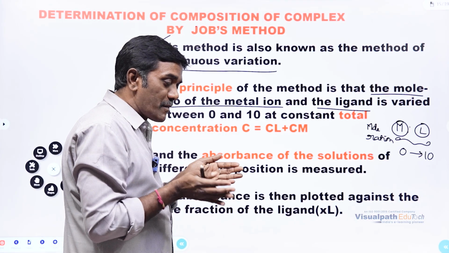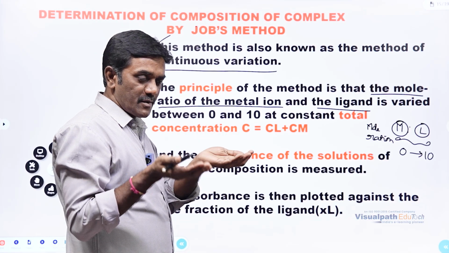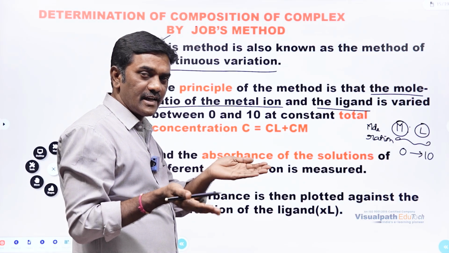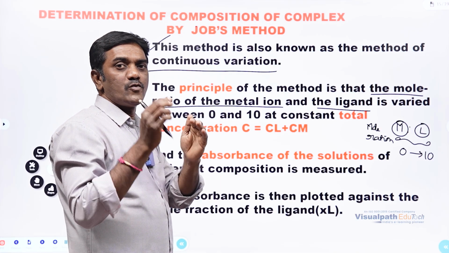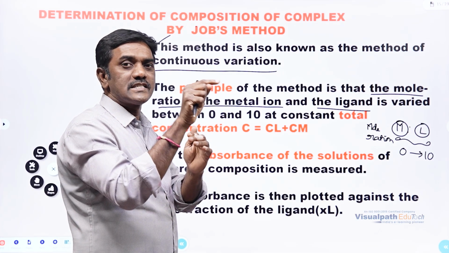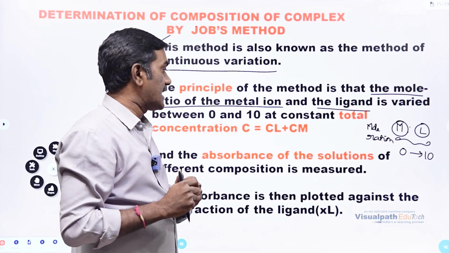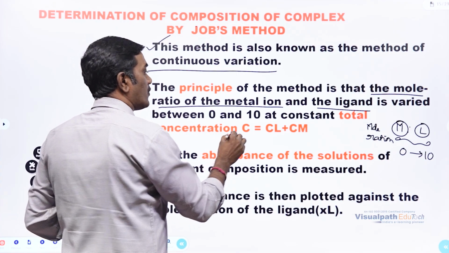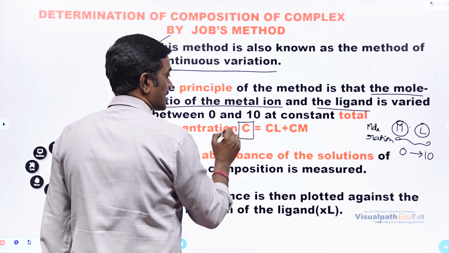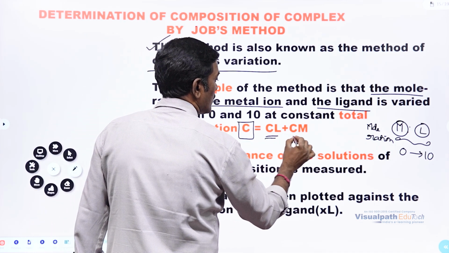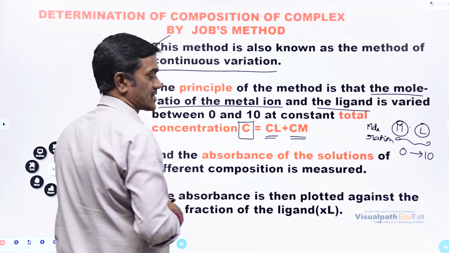So how is the complex going to form? We are going to change the mole ratio of metal and ligand, and based on the absorbance value, we find out the exact composition of metal and ligand. Here C is the concentration, the combination of the concentration of ligand and the concentration of metal.